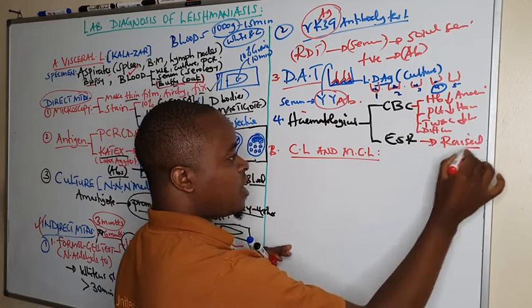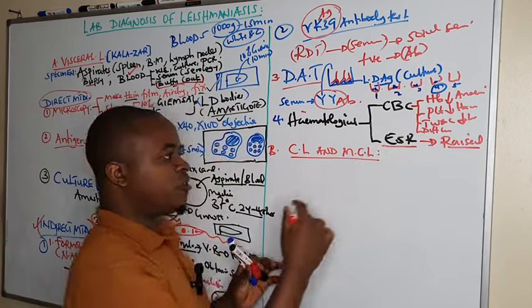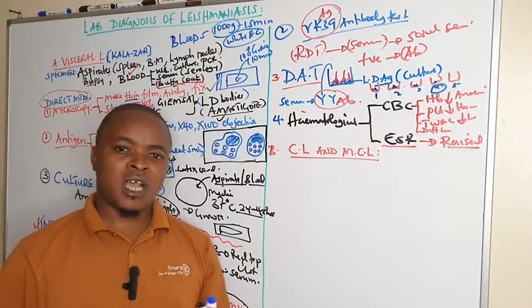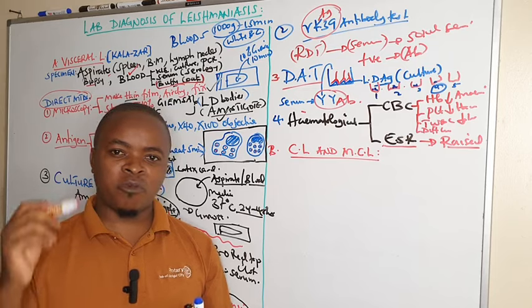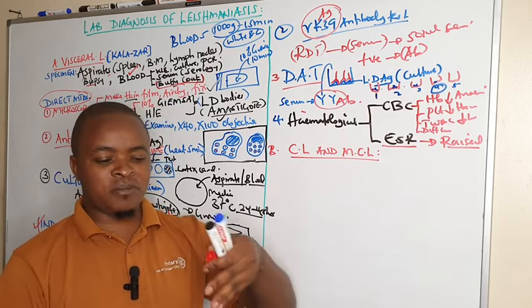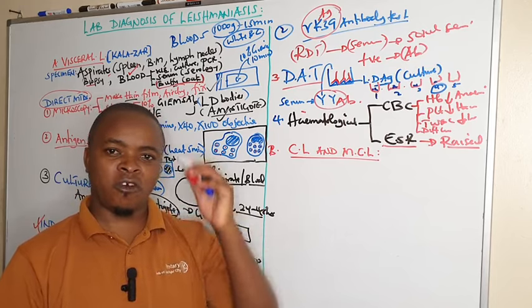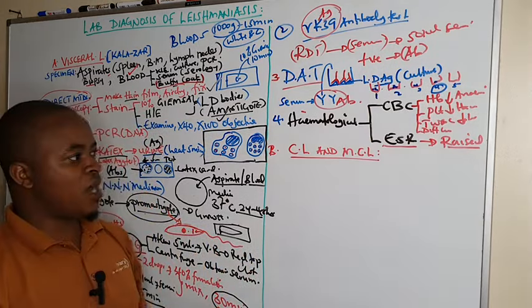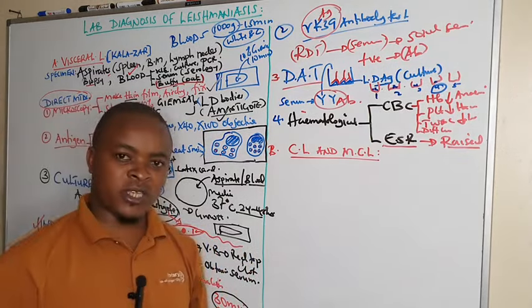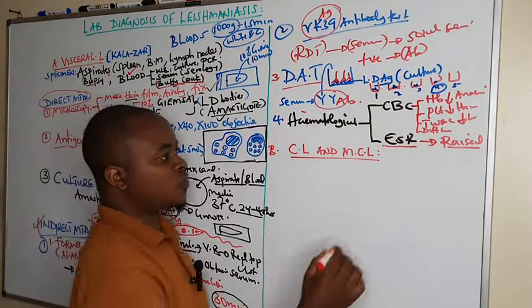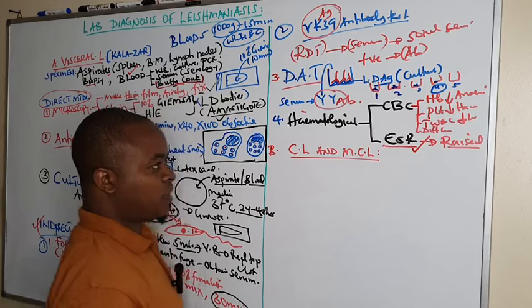ESR, that's whereby we fill whole blood from an EDTA tube up to the 0 millimeters mark of a Westergren tube. Then we make it stand at a perpendicular angle for 1 hour. Then we see how much the rate the cells are able to sediment. And it is also raised in visceral leishmaniasis.